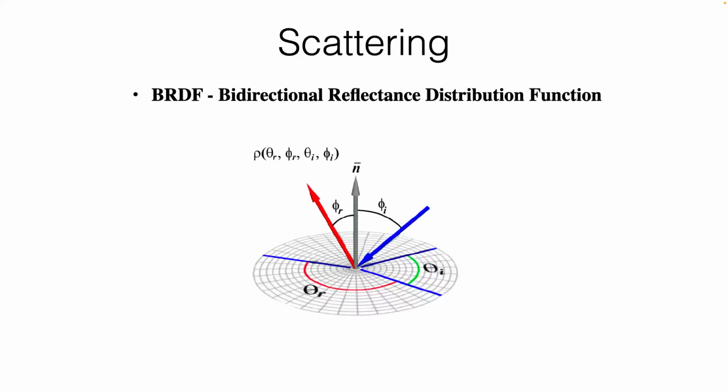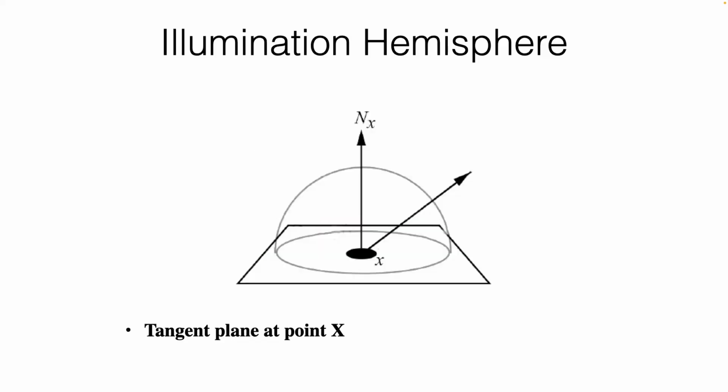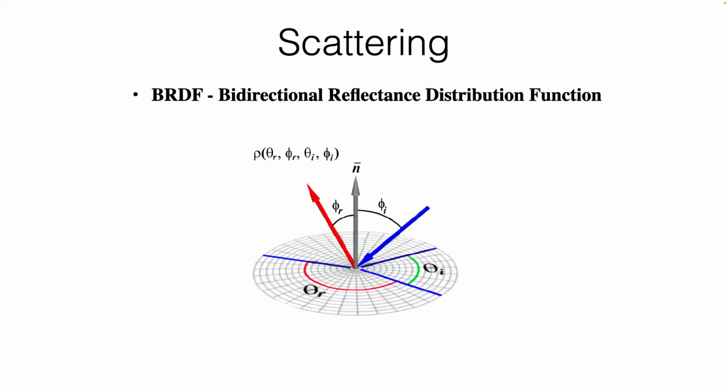And so to do all the modeling for local illumination, we are going to model the BRDF, the bidirectional reflectance distribution function. And as I mentioned, we have incoming ray directions and outgoing ray directions, and this is a four-dimensional function because you have the illumination hemisphere and you measure these directions by the two angles, theta and phi, related to the normal and the plane.